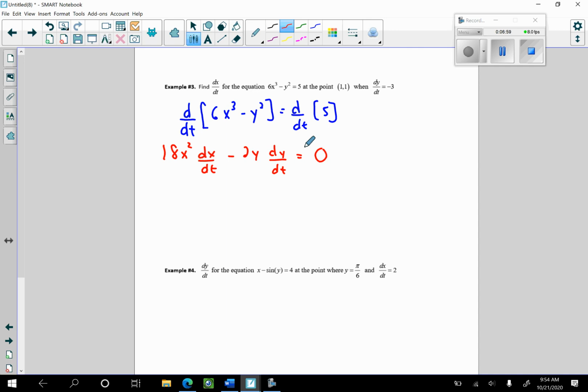So I'm going to substitute. I'm going to put (1, 1) in, and I'm going to put negative 3 in for dy/dt. Wherever I see an x, I'm going to put a 1. Wherever I see a y, I'm going to put a 1. And where I see dy/dt, I'm going to put a negative 3.